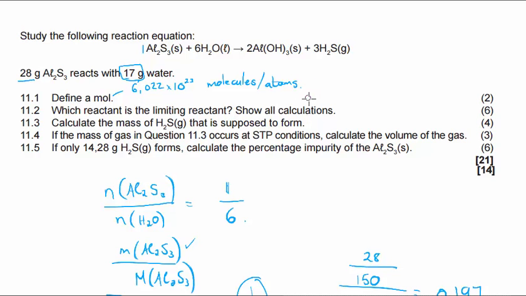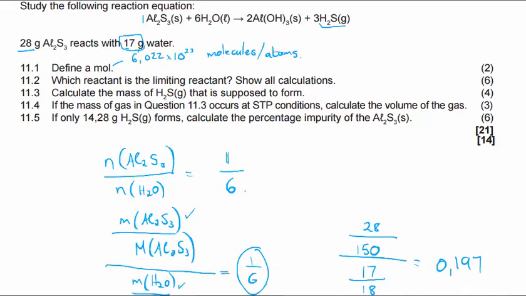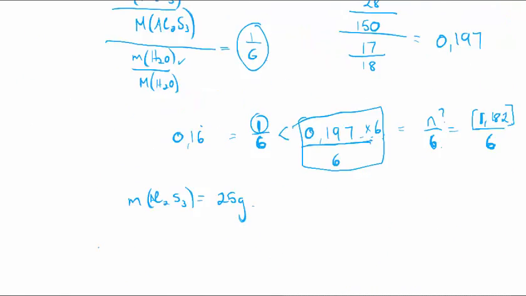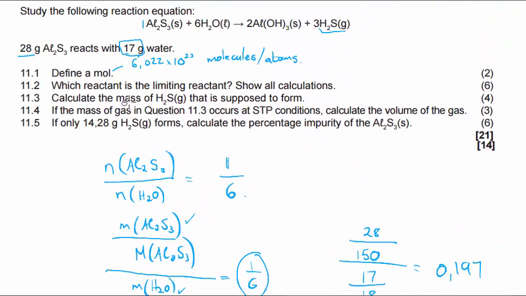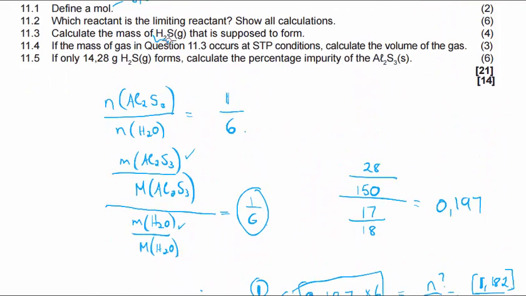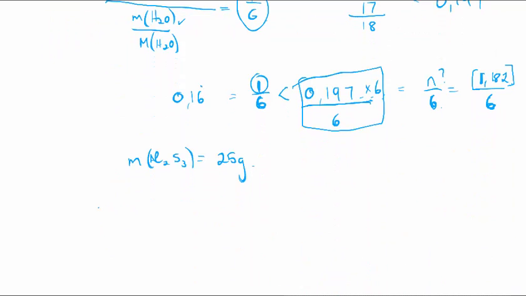Now we want to work out how many grams of hydrogen sulfide will be formed. Calculate the mass of dihydrogen sulfide. Is this an ionic or covalent bond? Covalent, good.